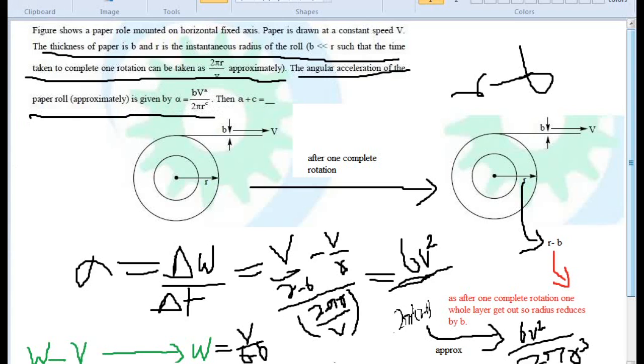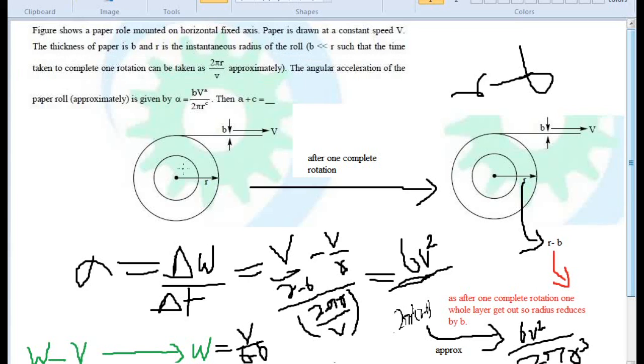Now let us see the solution of the problem. Now how is this calculated? This is very easy. For that we consider an instance where the radius is r, and the distance of each and every peripheral point from the center is the same.